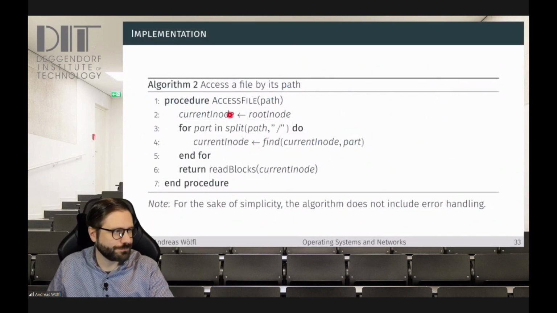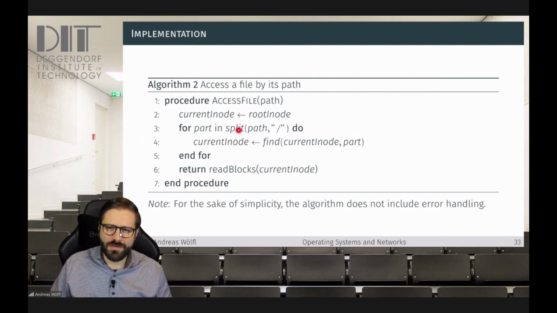Here, this one. So if we have a for loop over this array that results from the split operation, we iterate over the parts of the path that we are inputting as input parameter. So for part in this array, we find in the current inode the part.